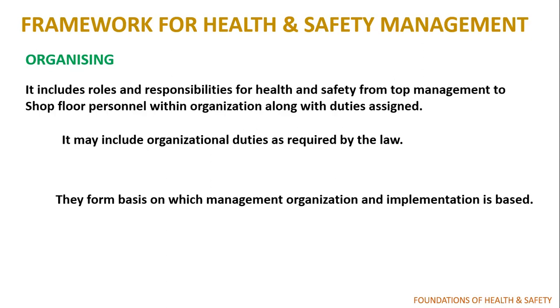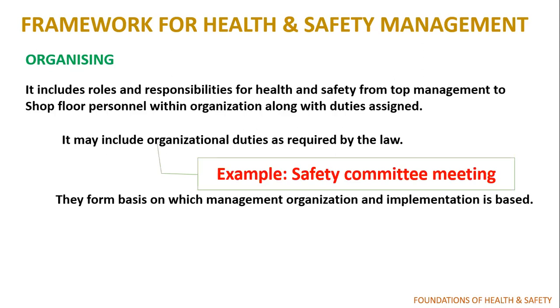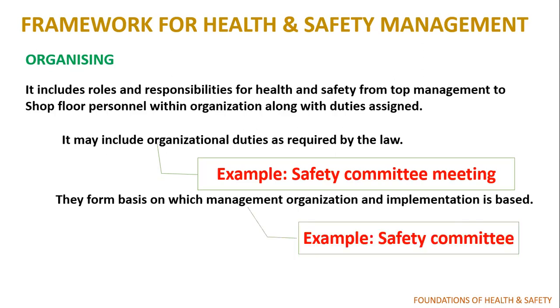It may include organizational duties as required by law. For example, a safety committee meeting must be organized within an organization as per the law. The formation of the safety committee is one example.